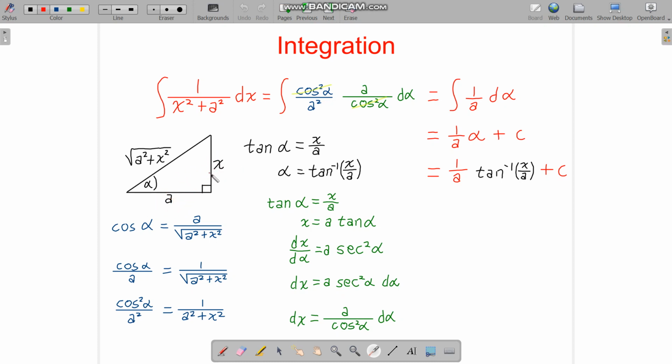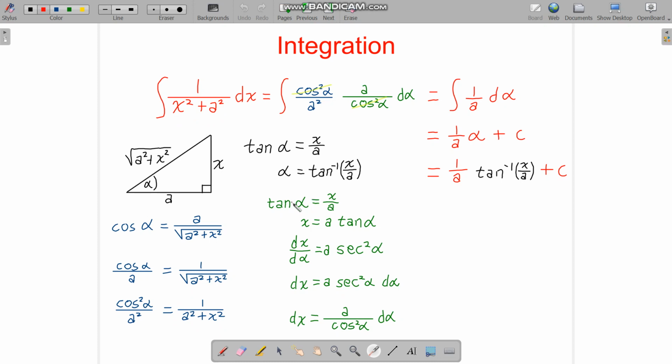The final result would be exactly the same. So cos alpha is adjacent over hypotenuse, so a over this. We can move or divide both sides by a. We can square both sides, we get this. So we have the expression for 1 over x squared plus a squared.